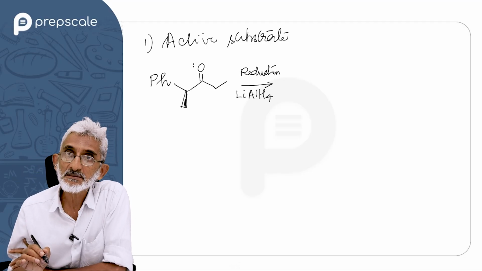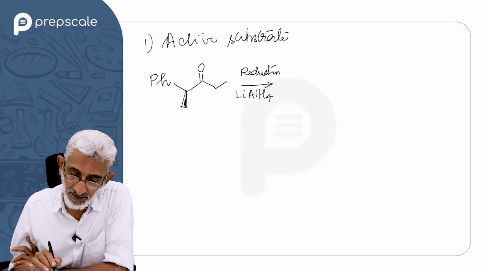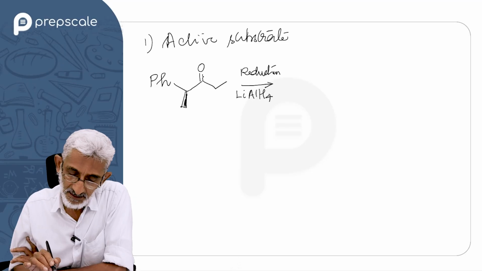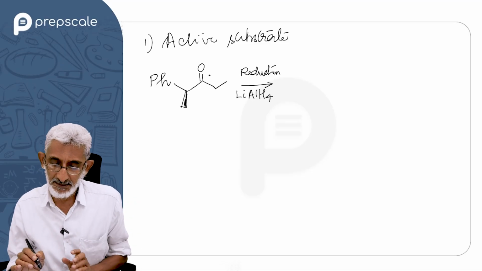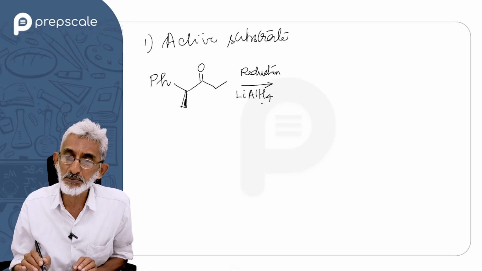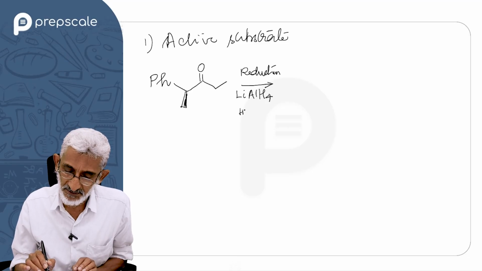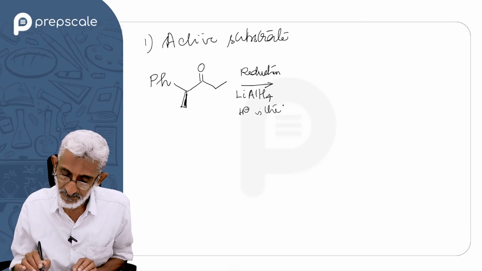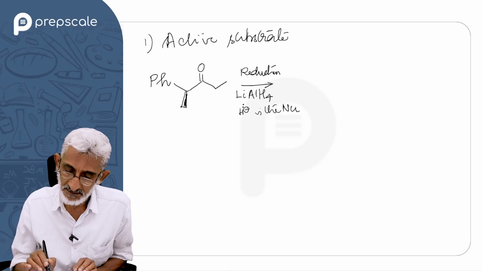Now let's look at this one. Lithium aluminum hydride generates H minus. So H minus is the nucleophile. We know that.